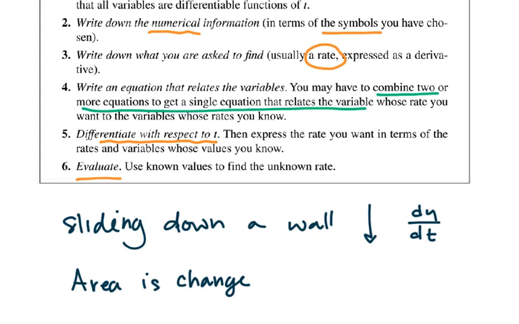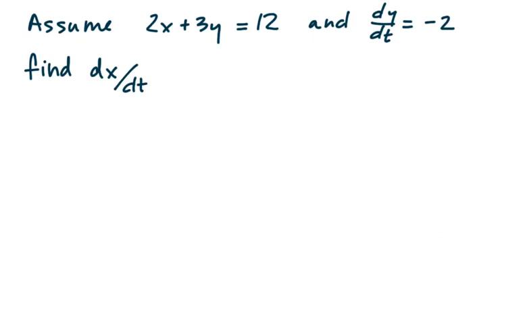So if we had some equation, area in terms of a distance, x or y, that area rate of change might be the derivative of area with respect to time. So we just really want to make sure we're paying attention to what the variables are and what we want to differentiate with respect to. So we're going to do a problem here.